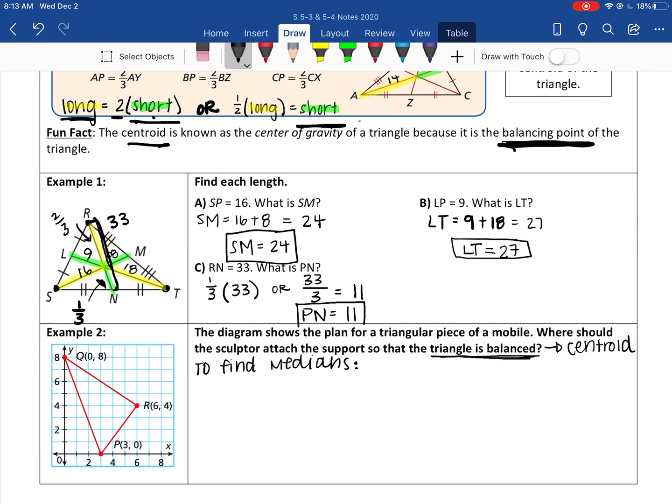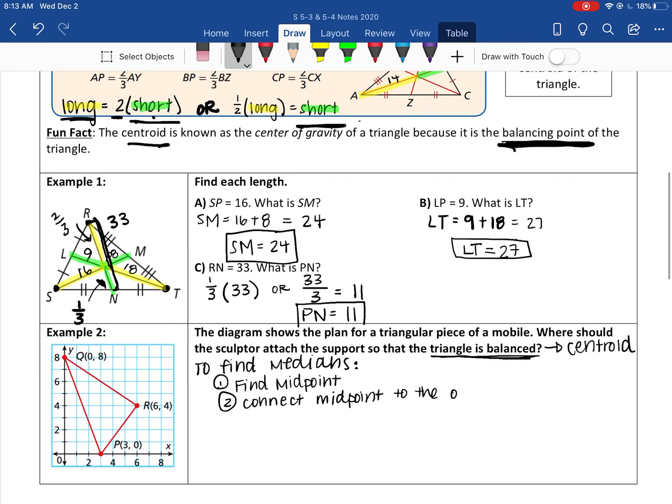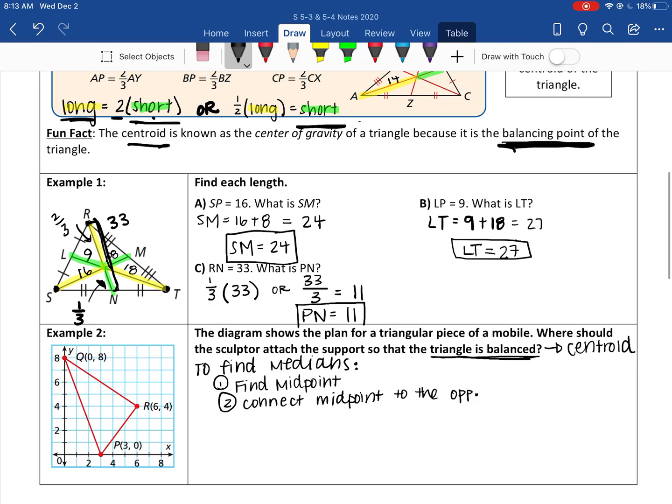And to find our medians, you're going to first find the midpoint of each side, and then connect that midpoint to the opposite side, or excuse me, the opposite vertex.